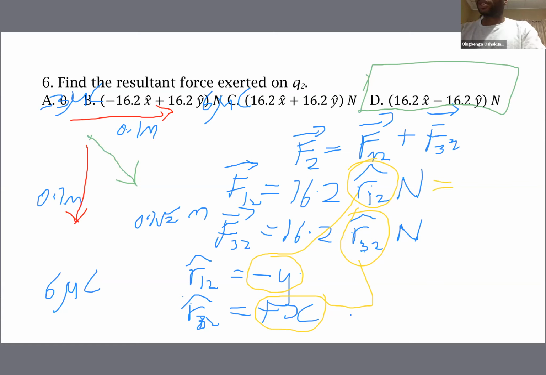F12 to be minus 16 y newtons. Yellow is not a good color on every screen. Let's go back to red. And we can say that our F12 is equal to minus 16.2 y newtons.